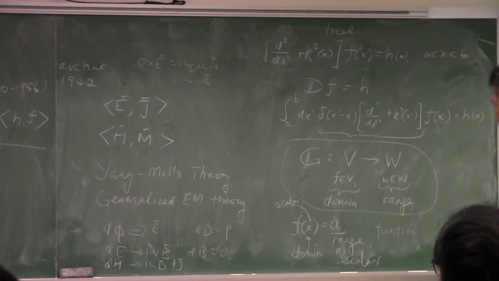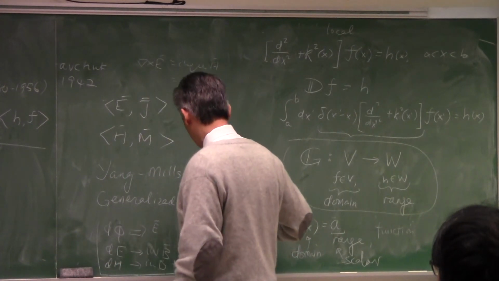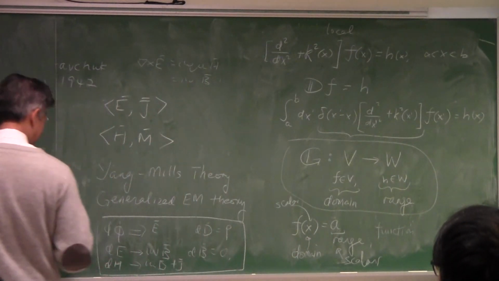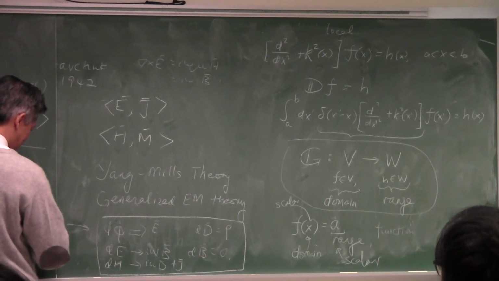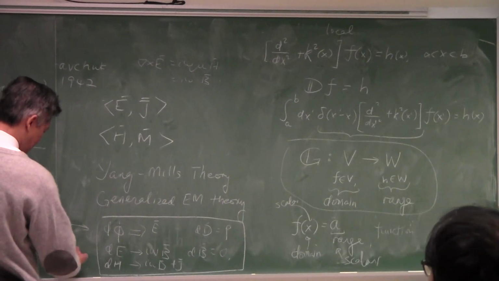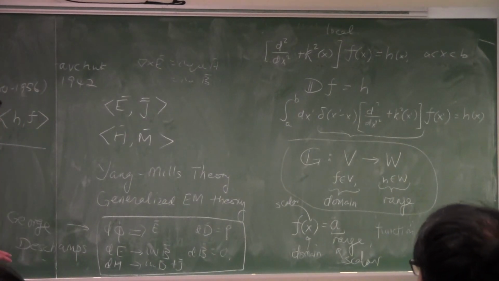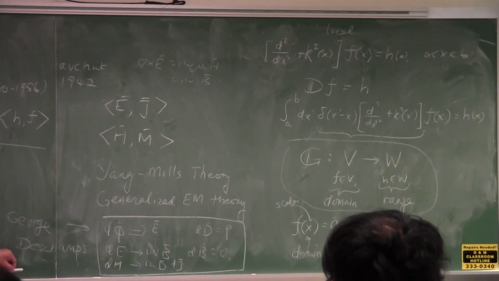So you can read up on differential forms theory. Professor Deschamps used to like this kind of theory a lot, Georges Deschamps. You don't pronounce the S in French. Descamps.